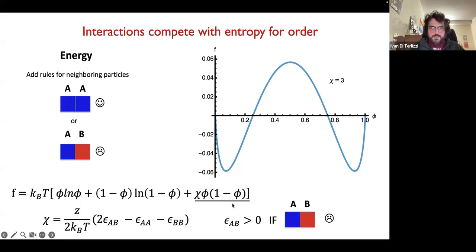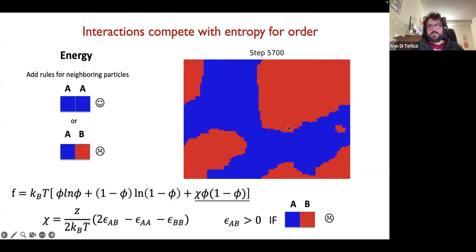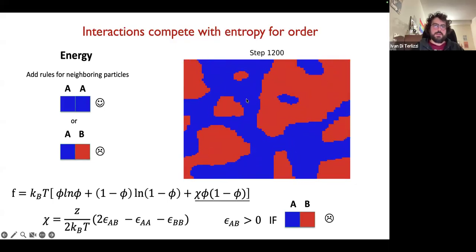If you add this part, the free energy for some particular parameters changes and has two minima instead of one minimum at the center, meaning that if the parameters are tuned at the right point, you will end up with a system that is either here or here. So effectively the system separates. In other words, in one region you will have an abundance of a certain species, and in another region you will have an abundance of the other species.